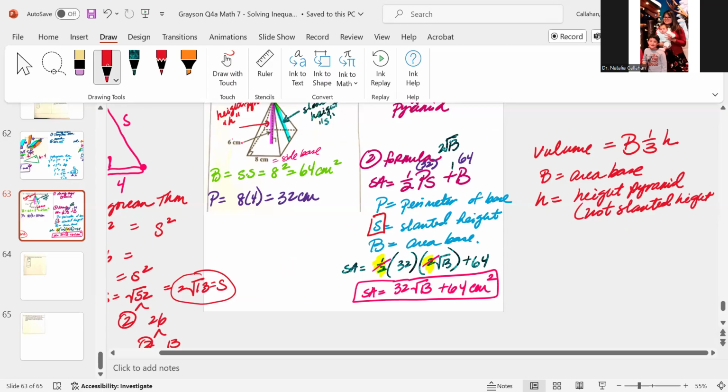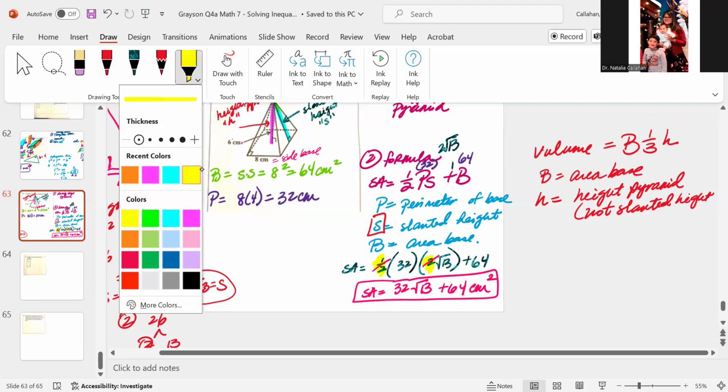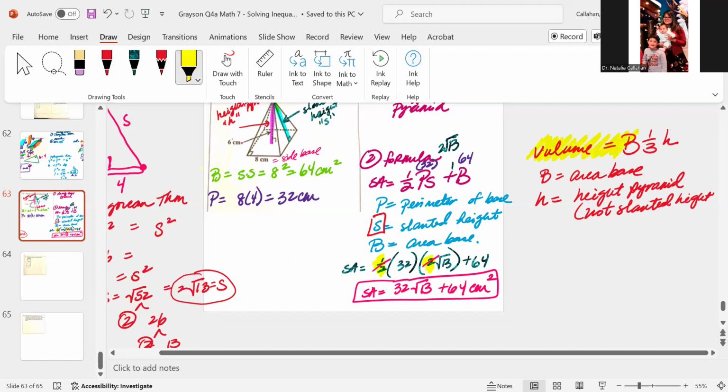We'll work on the cards this weekend. Write down volume on one side and surface area on the other side. For the volume, make sure you write down this formula. You don't need to know what B is and what H is.